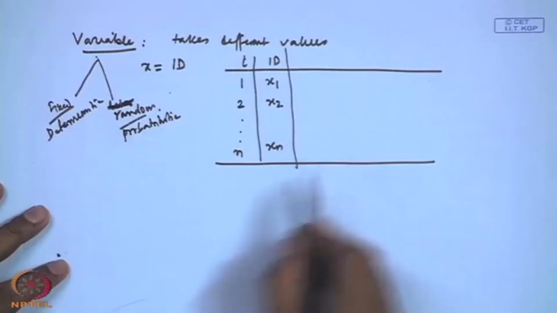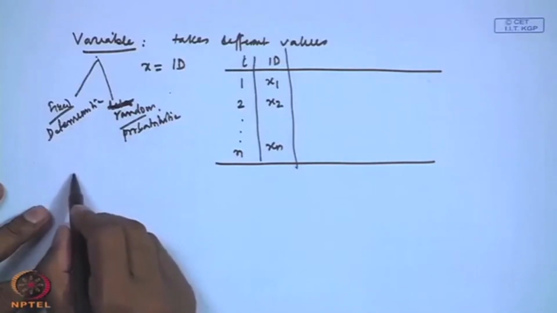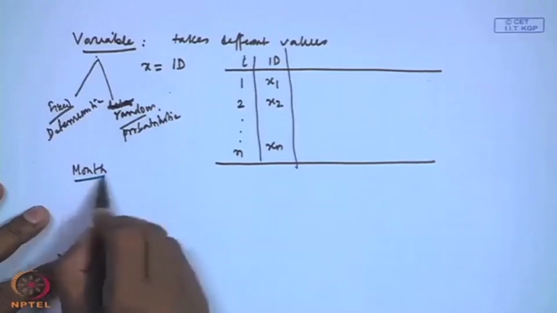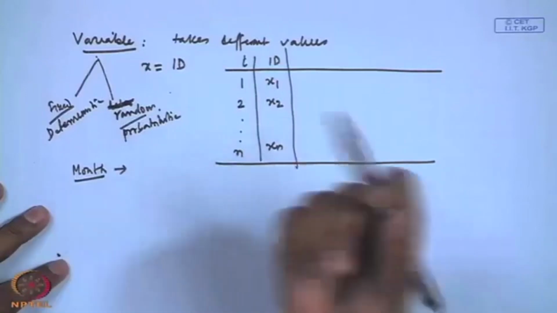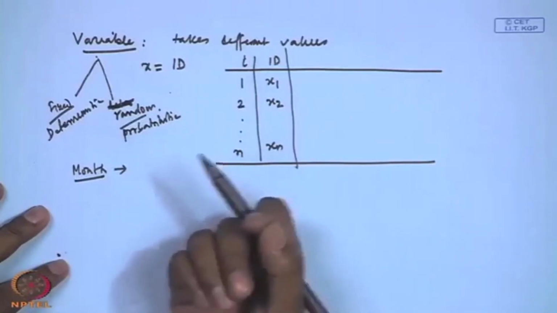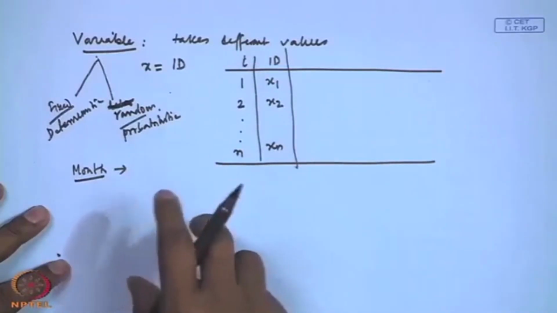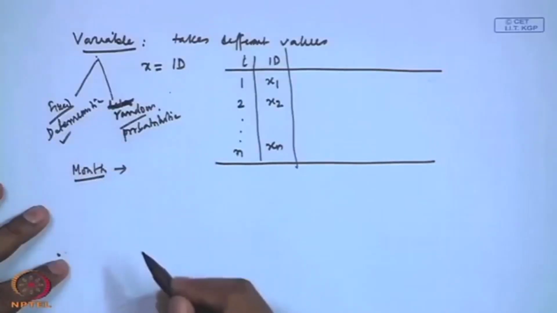For example, if I create another variable, month, it varies over the year, but we know all the months. Suppose what will be the next month? If this month is December, next month will be January, it is known with certainty. So it is a deterministic one.